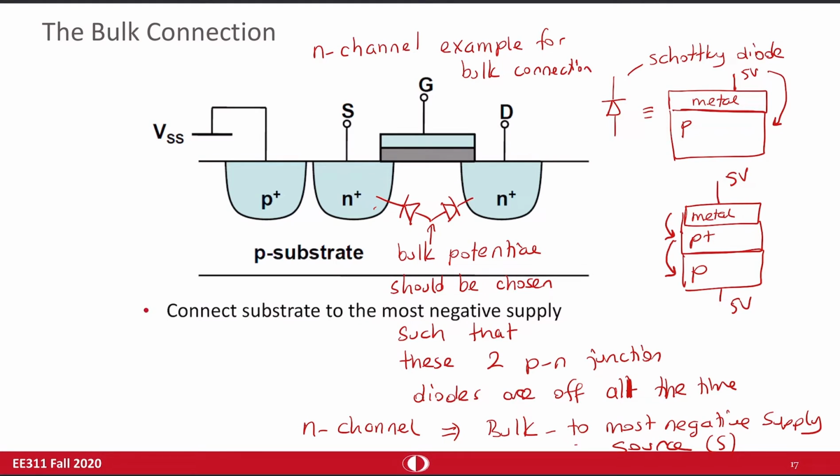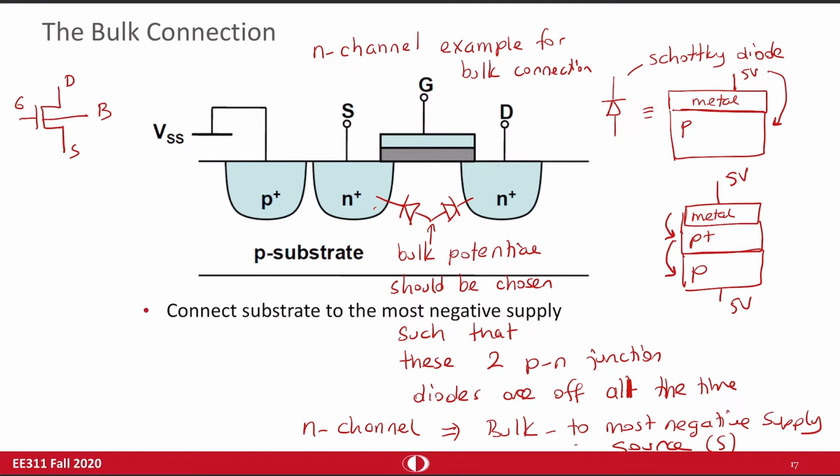I'm not getting into the details of this thing. When it is required, I'm going to explain once more during the lecture, but basically what you should remember from here is that an N-channel transistor has three terminals plus the bulk connection.